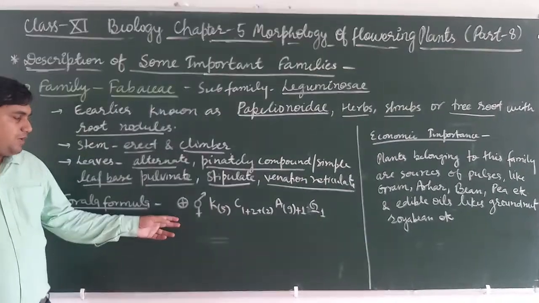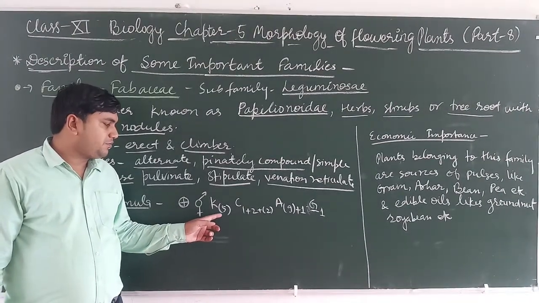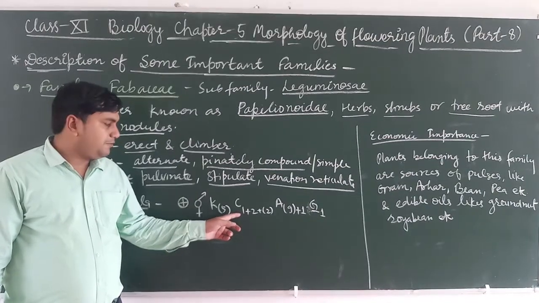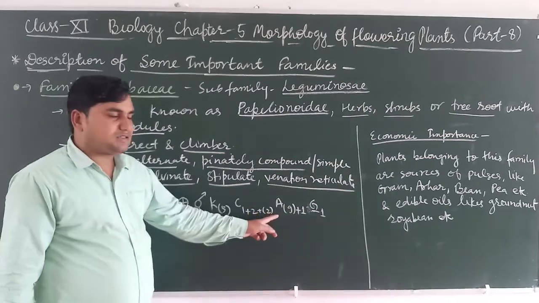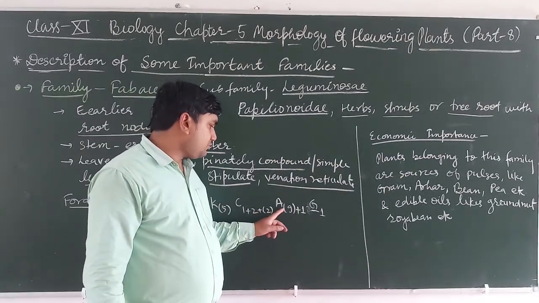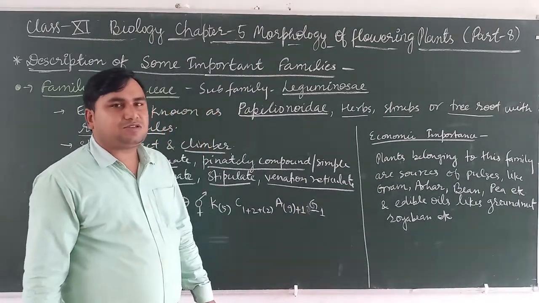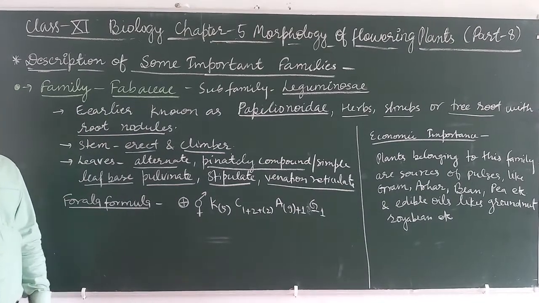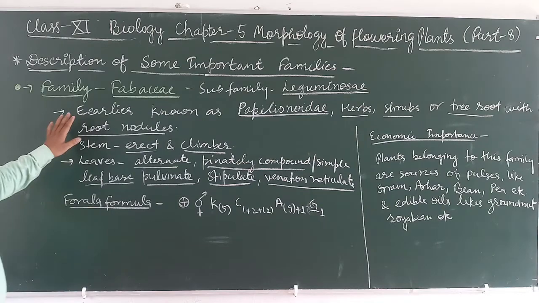Calyx 5 means sepals 5, corolla is 5 in 1+2 fused ratio, and androecium is 10, that is diadelphous, and gynoecium is monocarpellary, or one carpel. So this is about the family Fabaceae.